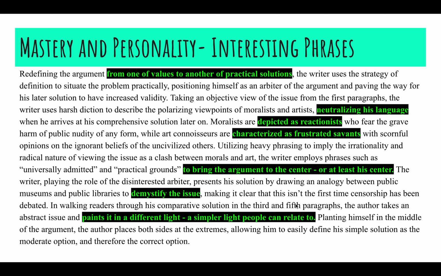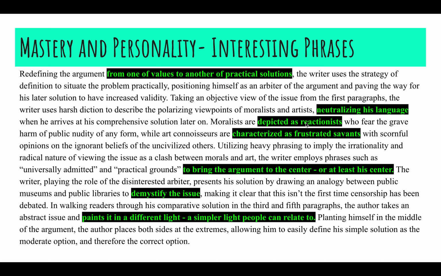So I think what also makes this body paragraph stand out is the personality that it has. It is written from the perspective of a mature writer. So here she says, redefining the argument from one of values to another of practical solutions. That's a nice turn of phrase. Neutralizing his language, depicted as reactionist. The text doesn't use the word reactionist.